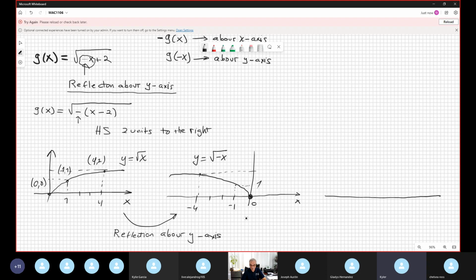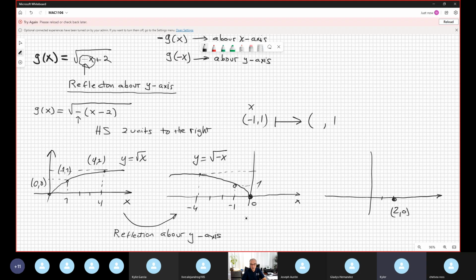This 0 now is not 0, it's 2. This is the point (2, 0). This point is (-1, 1), and now when you transform it, since it's 2 units to the right, you affect the x component, and the y component stays the same.